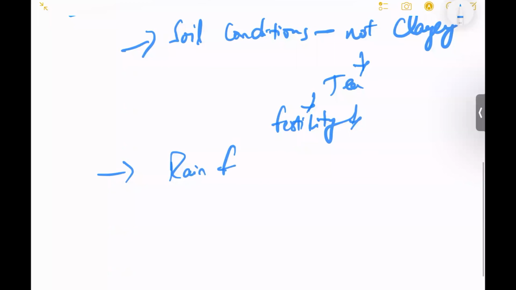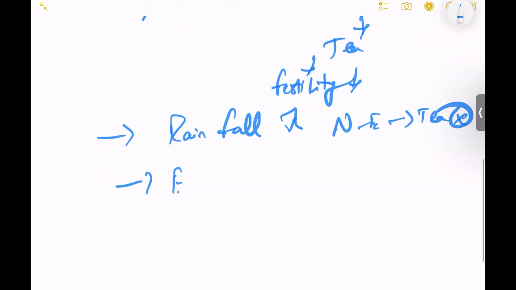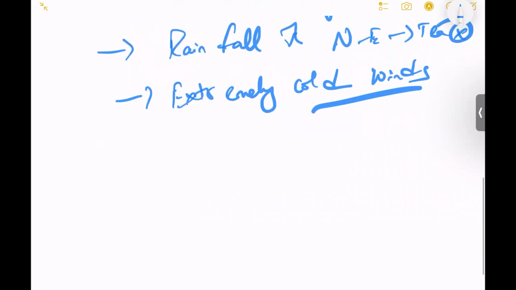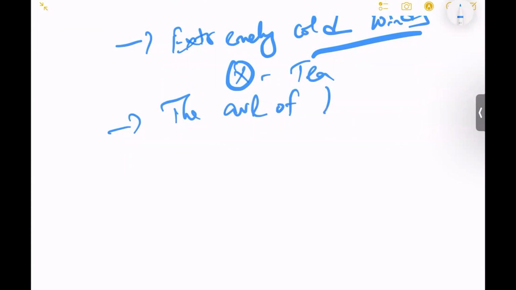Rainfall is very, very high in northeast regions, which is not conducive for tea growth. Okay, and the temperature in the northeast is extremely cold due to the winds, and again this is also not conducive for the growth of tea. Okay, and the availability of labor is less in these areas, hence it becomes very costly to grow tea in these areas.